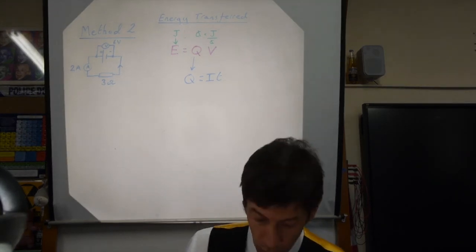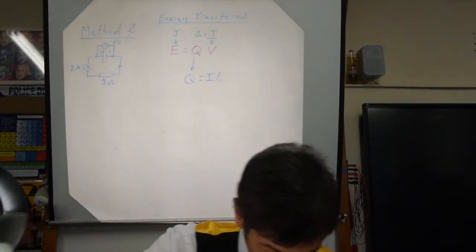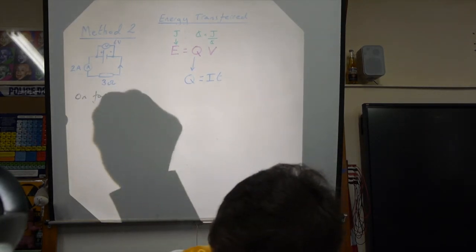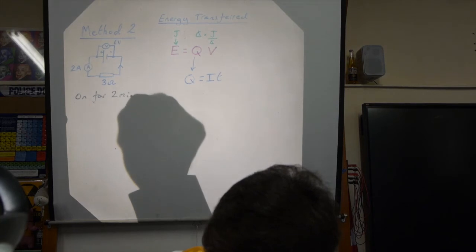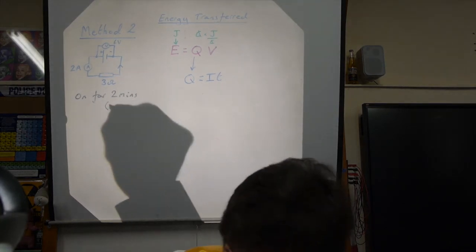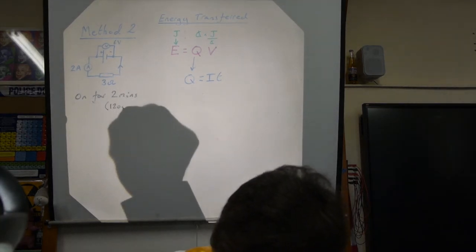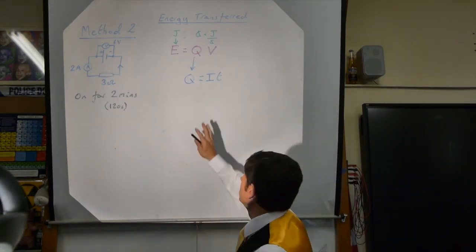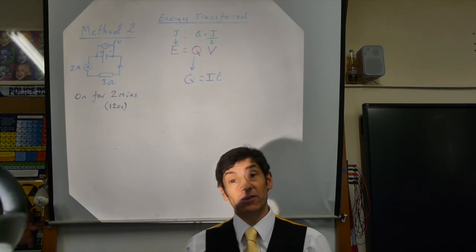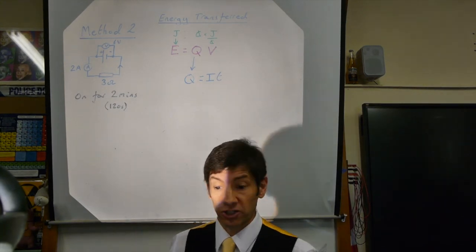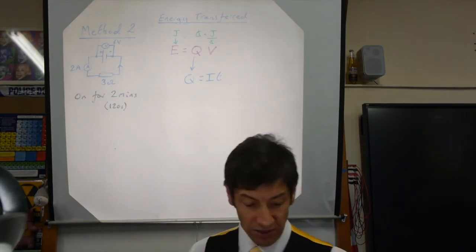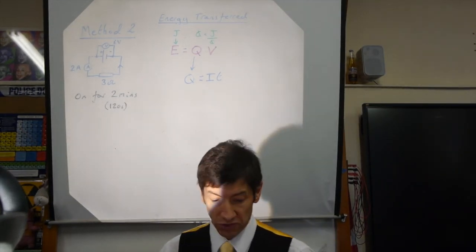Okay, well, we had our circuit, so this circuit here was on for 2 minutes, but we remember that is 120 seconds. So let's see if we can use this formula now to calculate the amount of charge that flowed, and then work out the energy that was transferred, the work that was done.